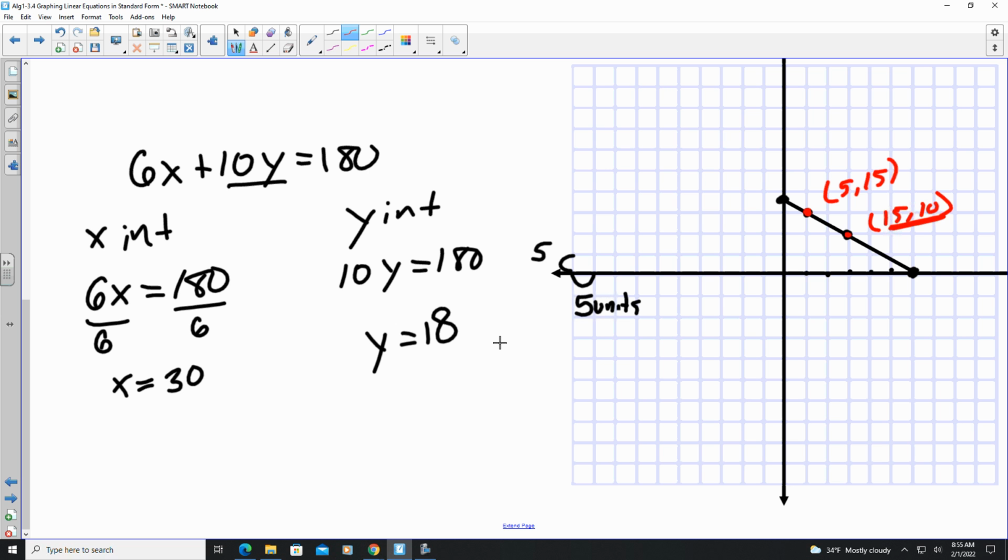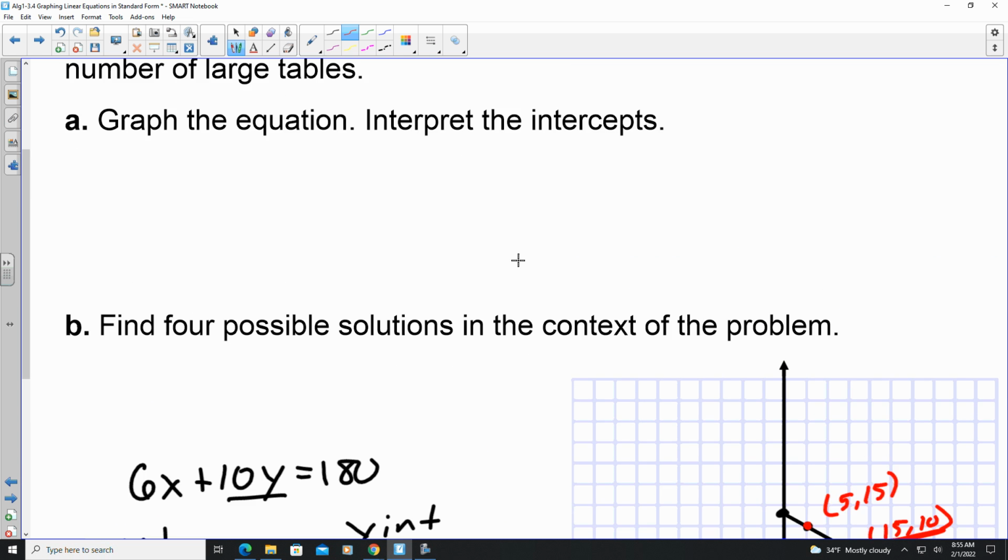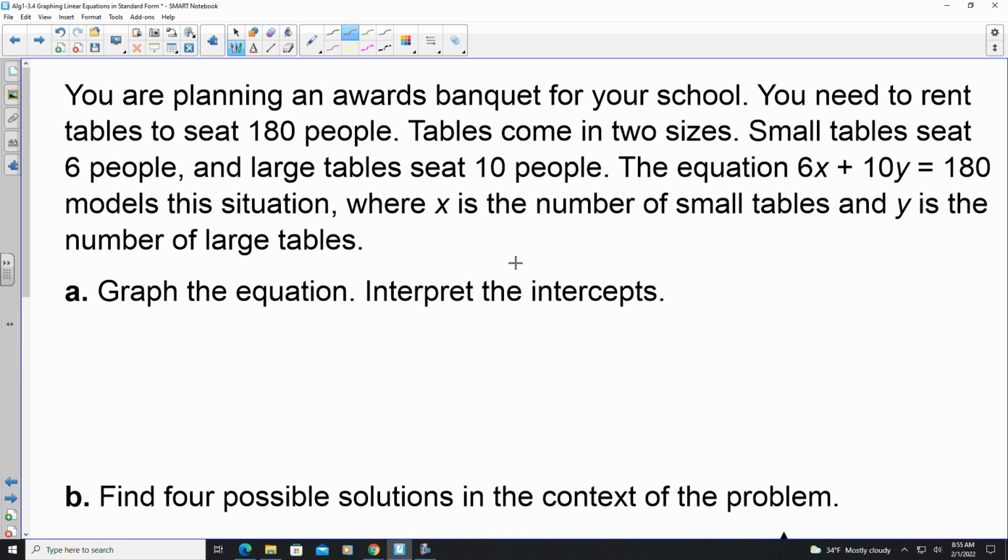Essentially you can make a table, and that is one of the ways you can try to determine the possible solutions to this problem. And that is being able to graph linear equations using standard form. Hope this helps. Till next time.